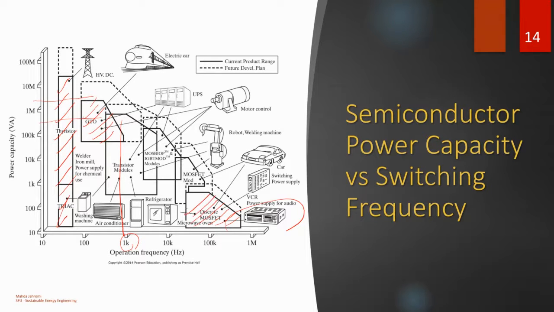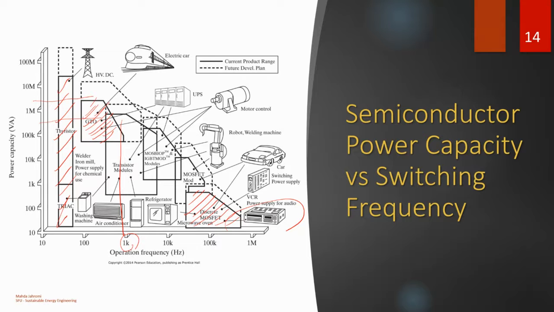So MOSFETs are the only switches that give you really high switching capability. GTOs and thyristors are the only switches that give you a really high power rating. But the disadvantage is that you don't get the switching frequency to be as high.